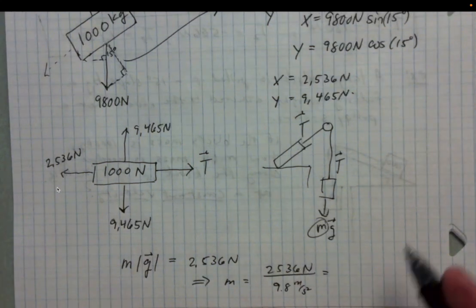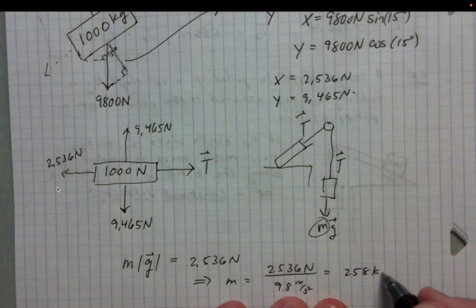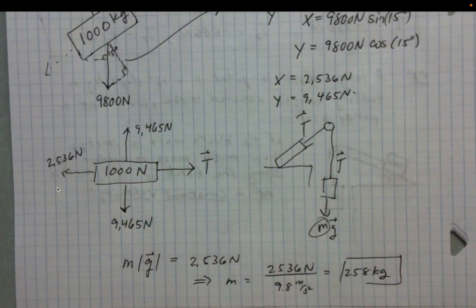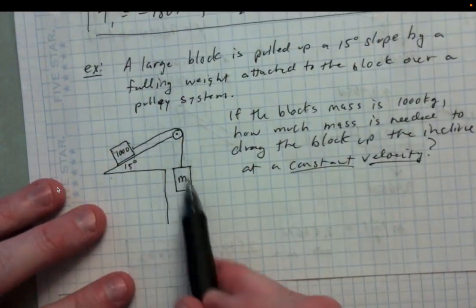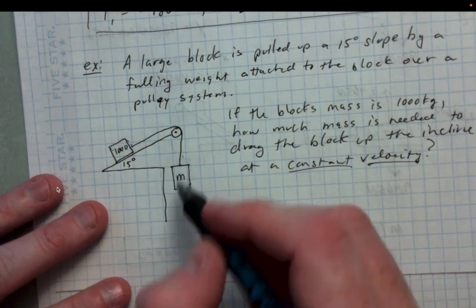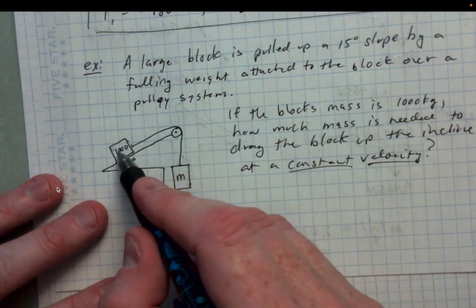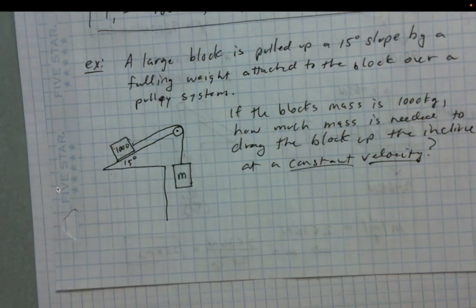I think what we'll get is 258 kilograms. So if the weight has a mass of precisely 258 kilograms, it's going to exert just the right force to pull this thing up at a constant speed. Perfect. Okay. All right. Very good.